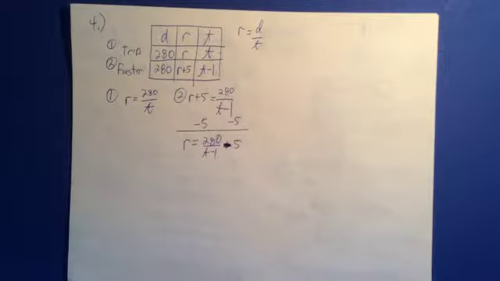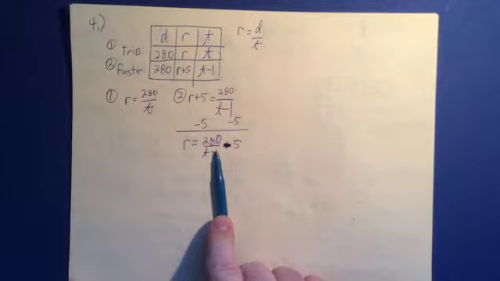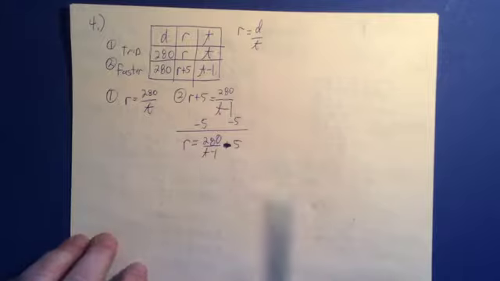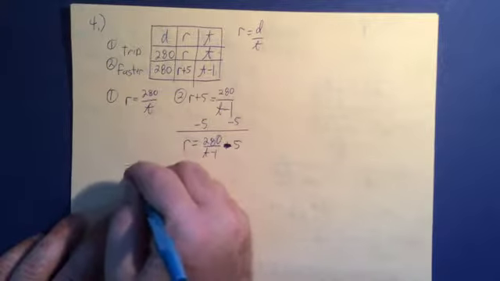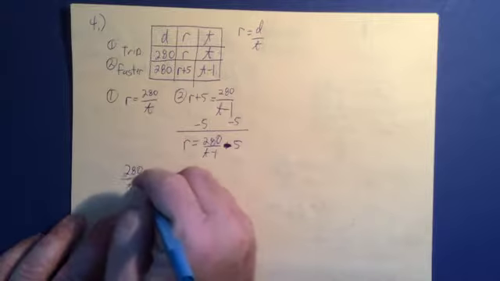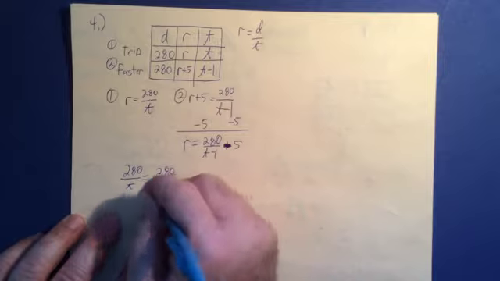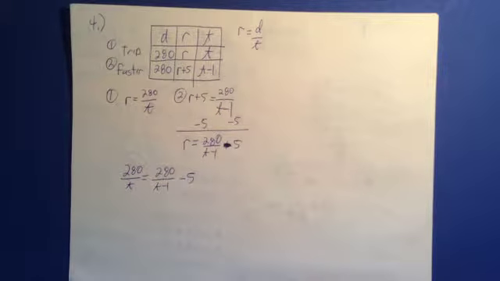At this point now, I'm going to set both of these parts equal to each other. Since they both equal r, I can set them equal to each other. So I'm going to write this now as 280 over t is equal to 280 over t minus 1 minus 5. And let's go ahead and see how we can continue to solve this.